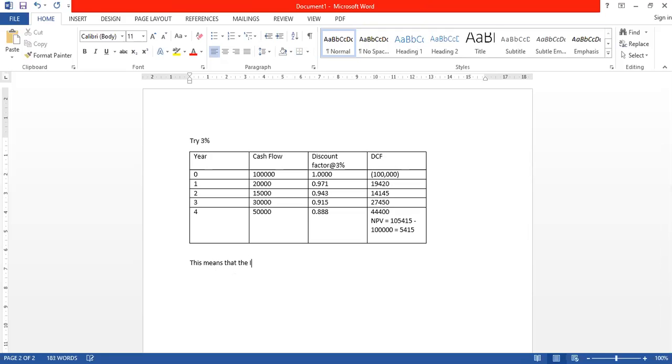It lies between 20% and 3%. So what will interpolation do? Interpolation will now help you to pin down a particular figure between 20% and 3% that represents the IRR.